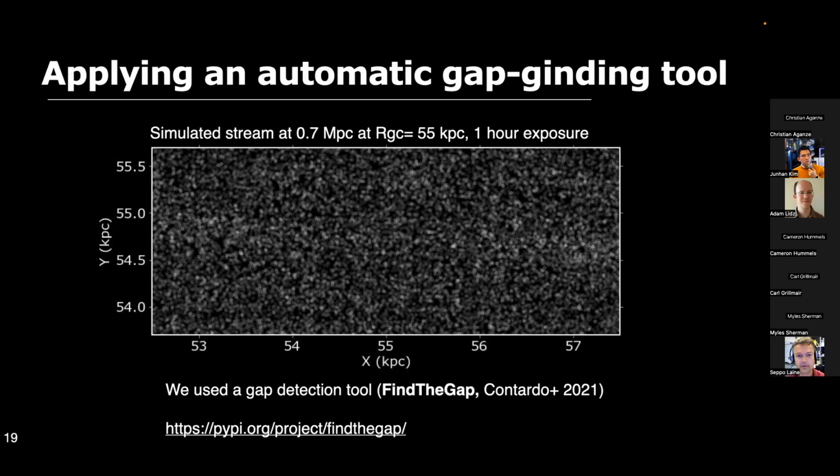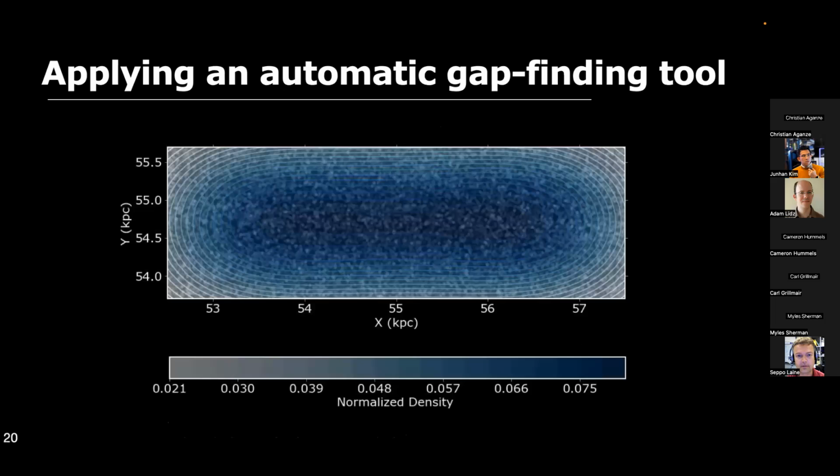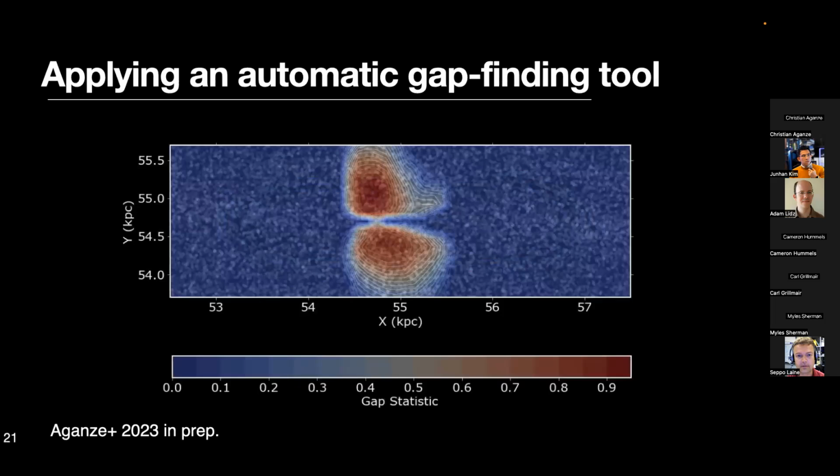In this case, we have a 2D image, and you can estimate the density using some kind of density estimator, which is what I'm going to show you here. You normalize, account for edge effects, and do the density estimation on a grid, and then they have this gap statistic.